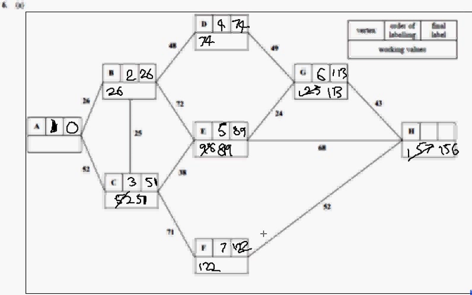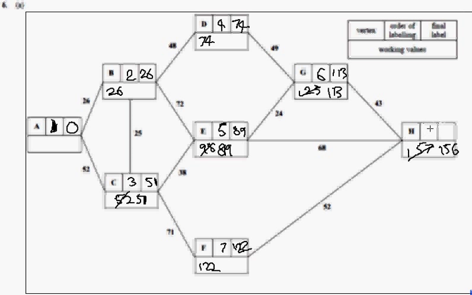Okay. Now, where can we get to from here? Well, only one place left that's not been finalized. That's H. So 122 plus 52, 174. Well, that's not an improvement, so we don't have to bother writing that down. Okay, so we've looked at everywhere we can get to, so scan across the whole network. In fact, there is only one place left, that's 156H.